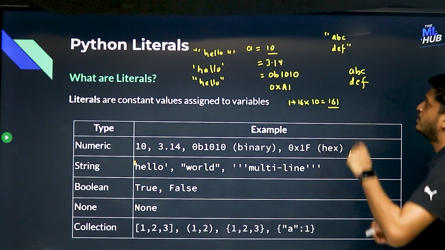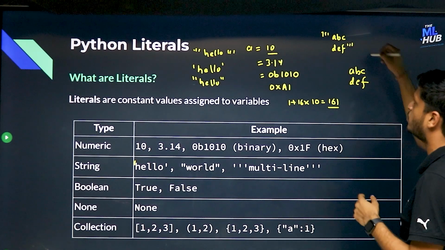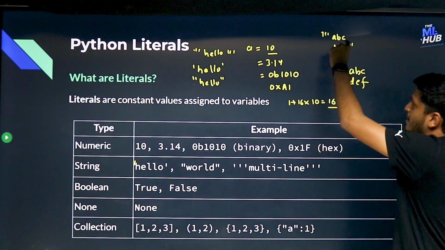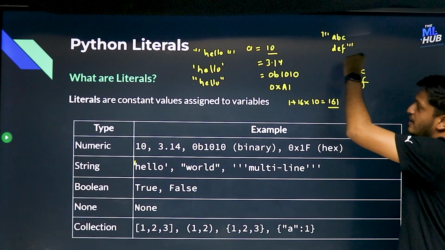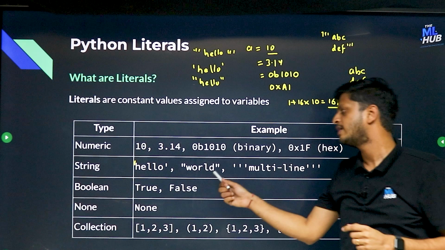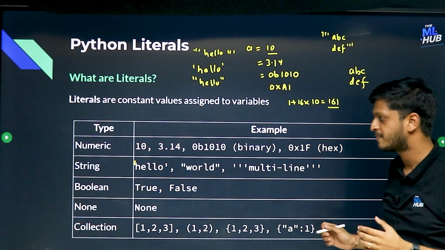This is not allowed. Then you have to use triple quotes. So you can embed this entire thing in triple quotes, and then this will become an entire string. This string contains A, B, C and the new line and then D, E, F. Okay. So you can create strings using single quotes, double quotes or using triple quotes. Okay. All of these are string literals.